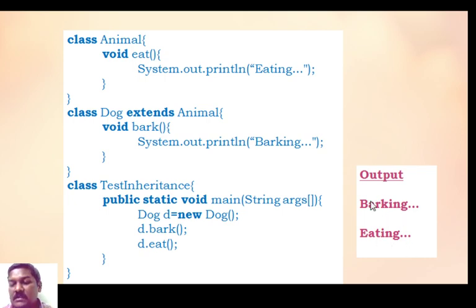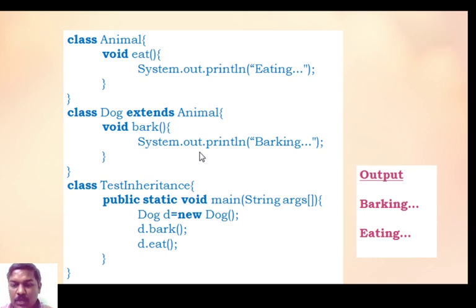Likewise, I can access the derived class as well as the base class by using the object D, that is the derived class. So this is the concept of single inheritance. I hope you all clearly understood.